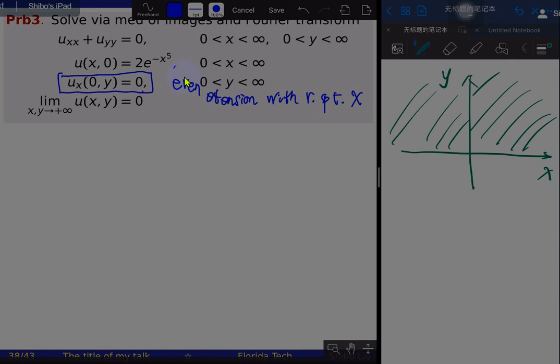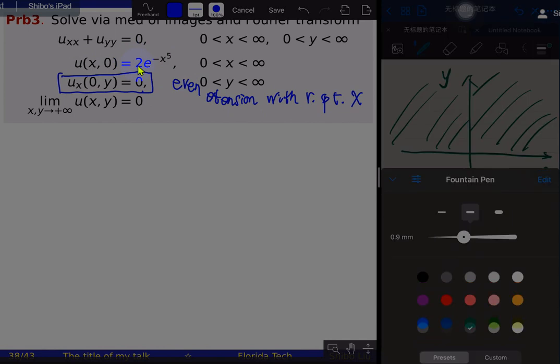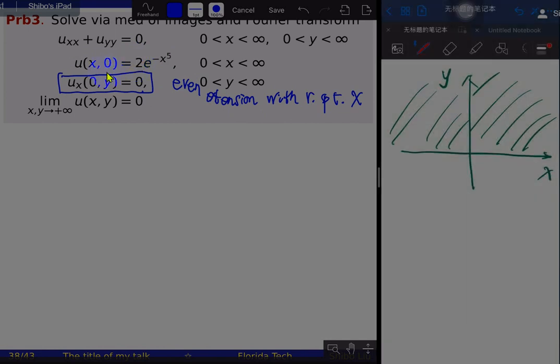Okay, and therefore the other boundary condition, where y is 0, is the value of u. This boundary condition, when y equals 0 and x is positive, is defined by this function I denoted by small f.